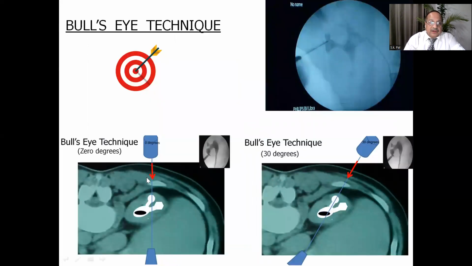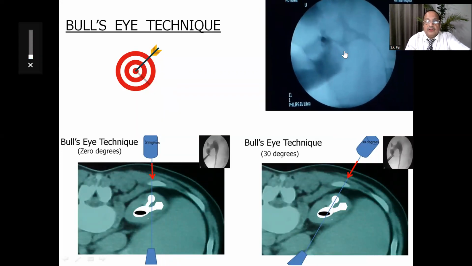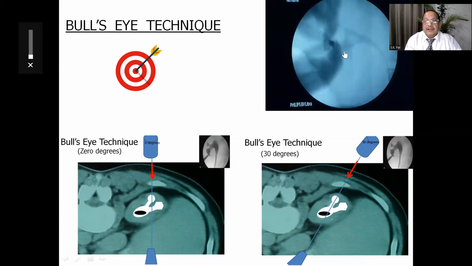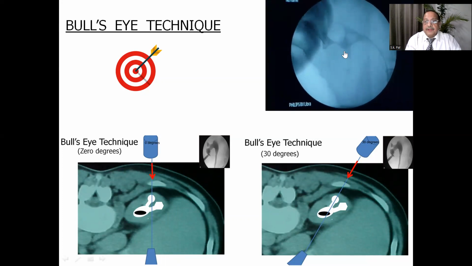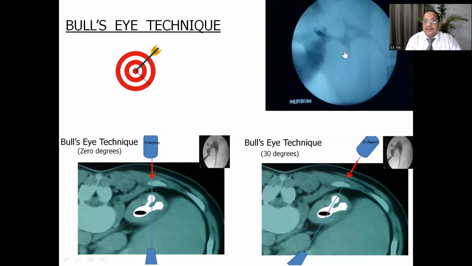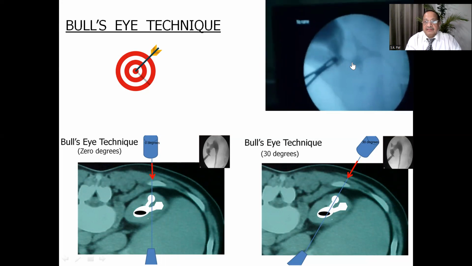So whether it is bullseye at 0 degree, 30 degree or any degree, if you are able to maintain the needle tip and needle hub in the same straight line, as seen in this video, then at one particular moment you will definitely hit the target and reach the pelvicalyceal system.